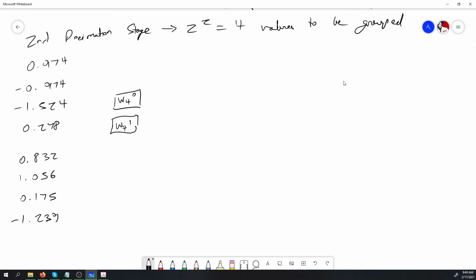We also know, because of the symmetric property of the twiddle factors, that W4 of 2 is equal to minus W4 of 0. That's why we have these negative ones associated with the twiddle factors to get the other twiddle factors associated with the W4. So we can calculate for W4 0 up to W4 3.